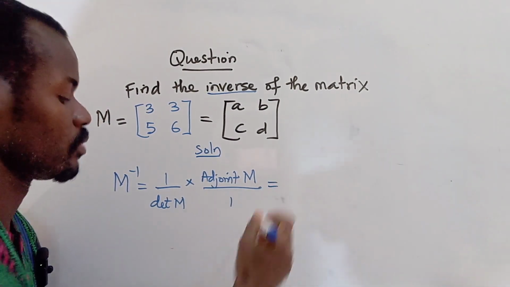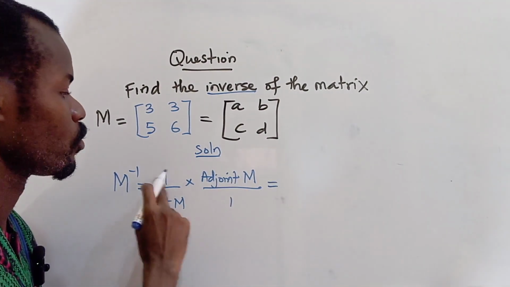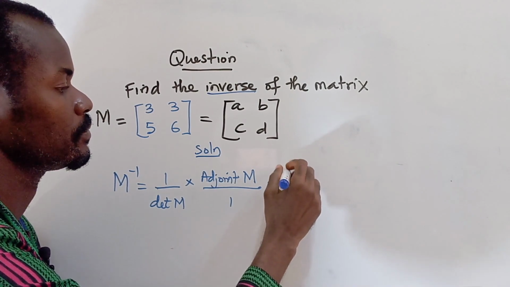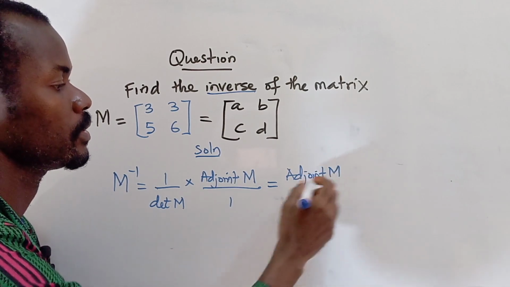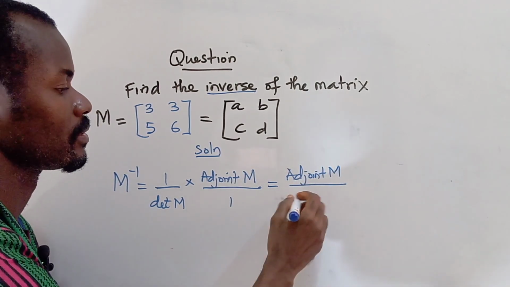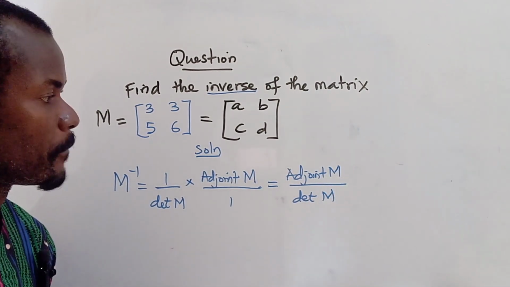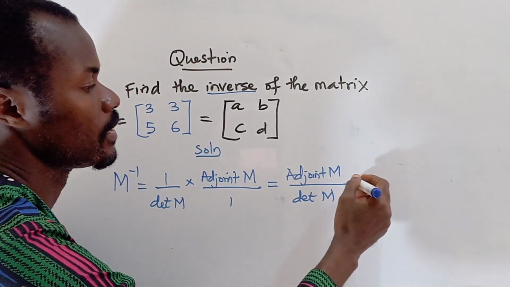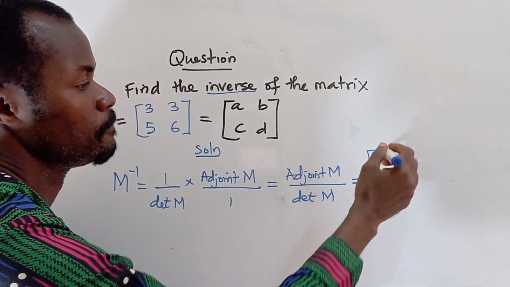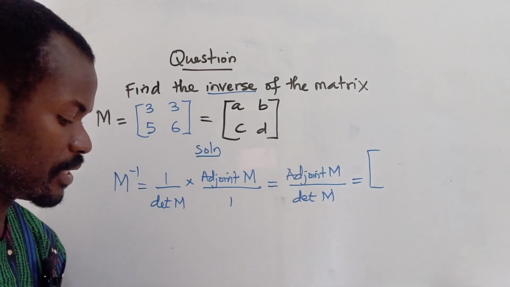So let me quickly develop the formula. All we need to do is we're going to have 1 times the adjoint of M divided by the determinant of M. But now what is the adjoint of M? Let's use this to show what that means.